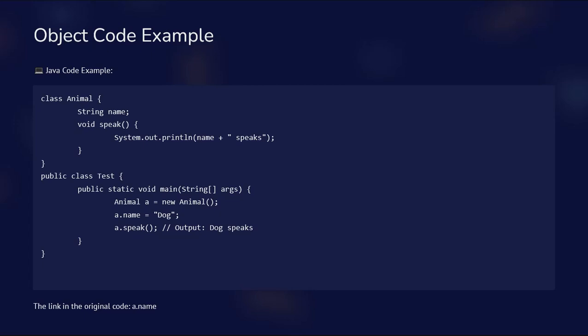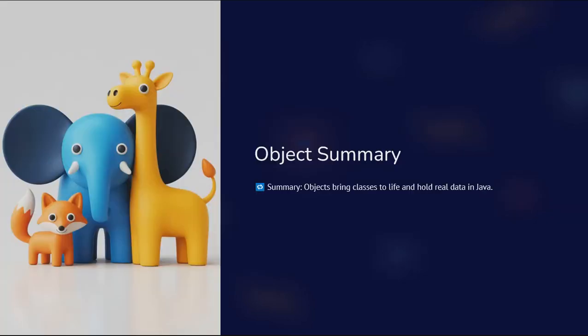In that Test class, we have created a main method, from where Java program execution actually starts. We created an Animal object a, then set the name variable value to dog using the object a, and then called the speak method using the object of the Animal class. So objects bring classes to life and hold real data in Java.